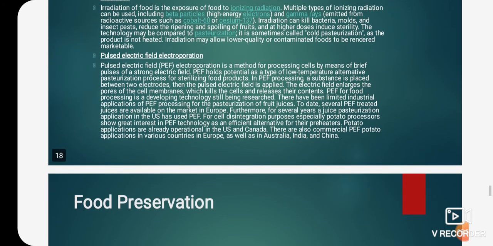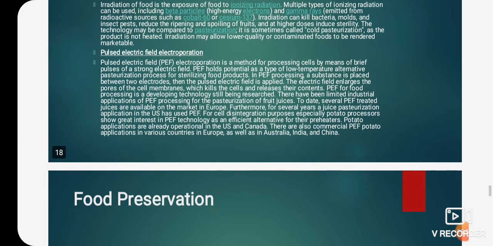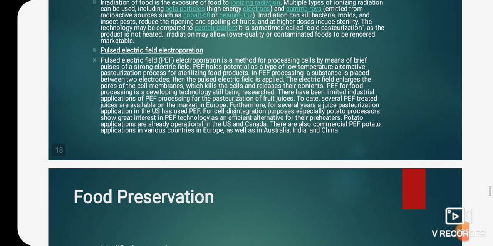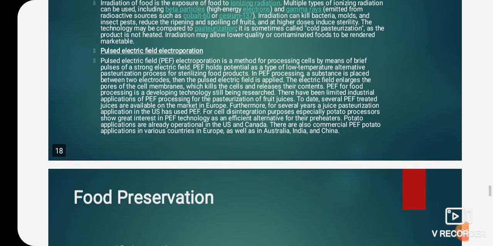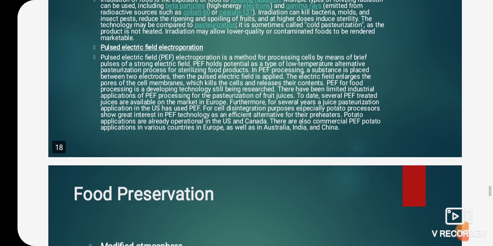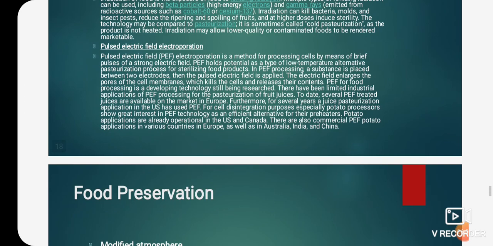In PEF processing, a substance is placed between two electrodes, then the pulsed electric field is applied. The electric field enlarges the pores of the cell membranes, which kills the cells and releases their contents.